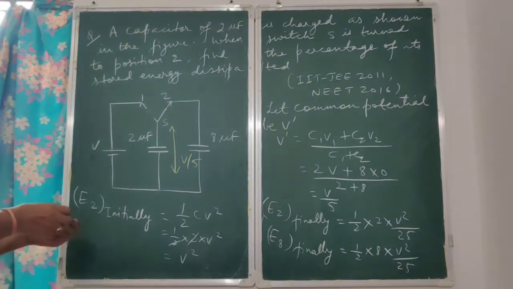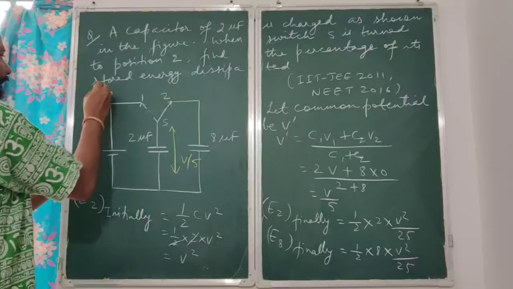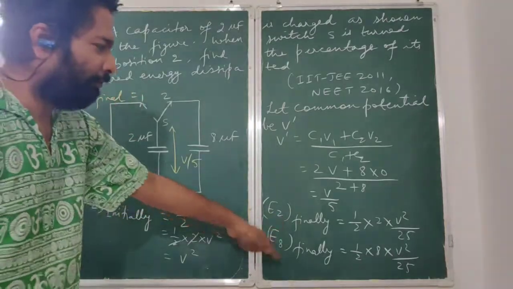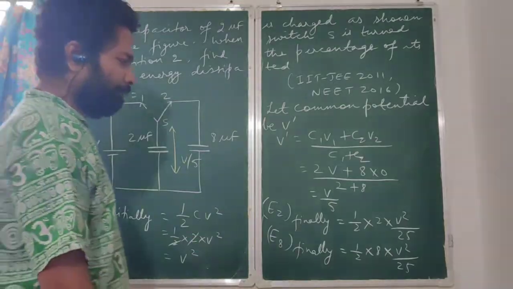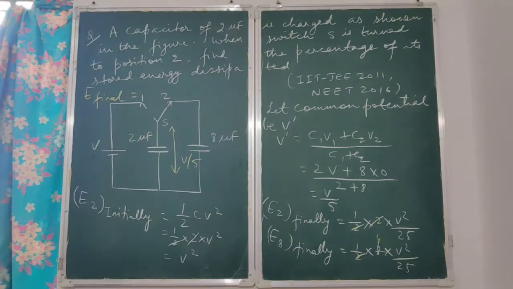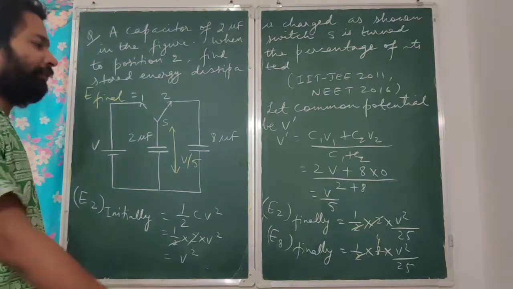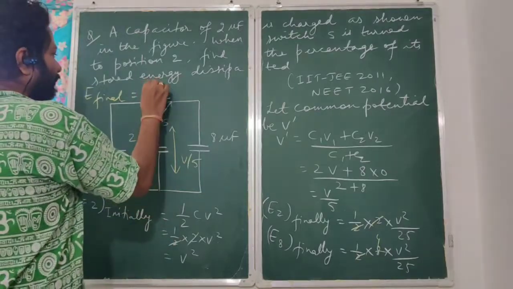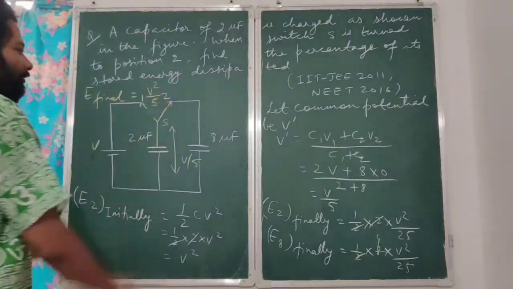So what will be the final energy that will be stored? E final will become the sum of these two. So what will be the sum? 4V square by 25 plus V square by 25 is 5V square by 25. So that is V square by 5.